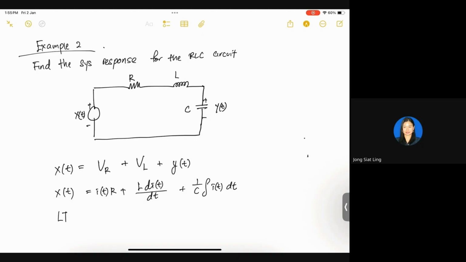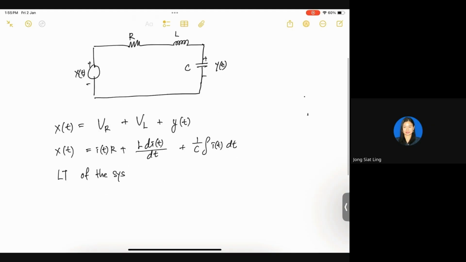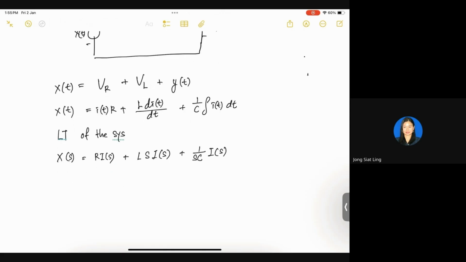Then the Laplace transform of the system is, so x(t) change to X(s), iR(t) change to R I(s), then L di(t) over dt can change to LsI(s), plus for this capacitor we can change to 1 over sC I(s). Okay, then we factor out the I(s).